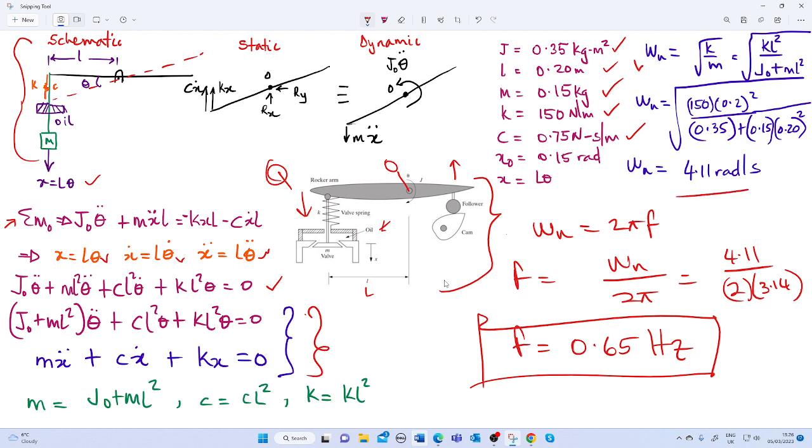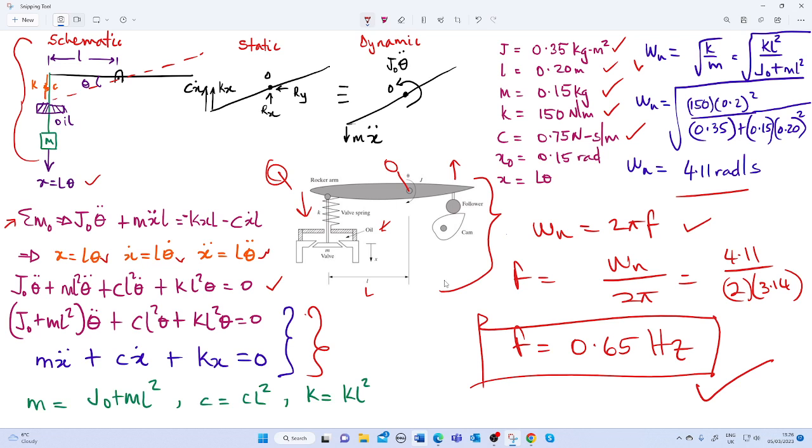From there, we can find our natural frequency in Hertz by using the formula Wn equals 2 pi f. So therefore, our f in Hertz becomes Wn over 2 pi, and that gives us 4.11 over 2 times 3.14, which gives us 0.65.